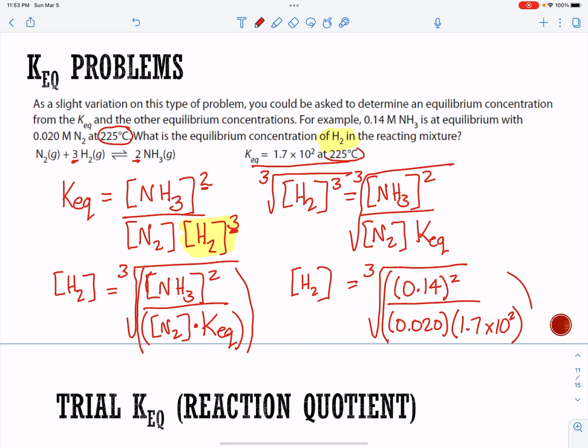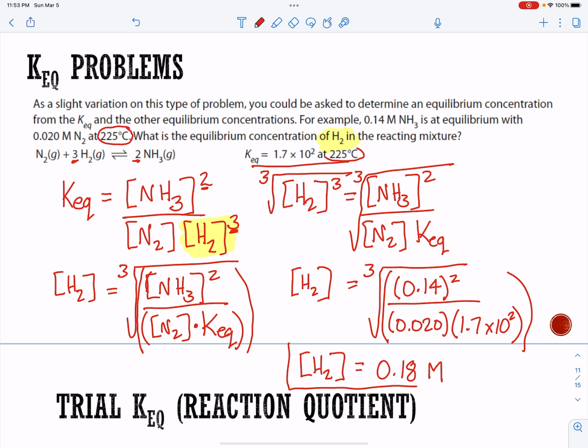And I'm going to just put a set of brackets there for good measure. I'm going to put everything into my calculator, and I'm going to finally round to 2 sig figs at the end there. So I get a concentration of hydrogen at 0.18 moles per liter.